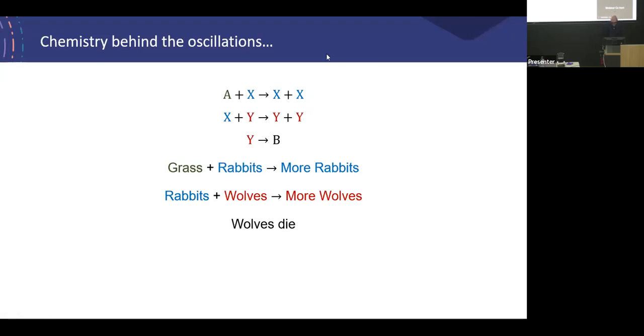Now, as the rabbit population drops, the wolf population will begin to die off in that final reaction. And the wolf population drops. This is going to allow the rabbit population to recover and increase and start the process all over again. And so we get that kind of oscillation.